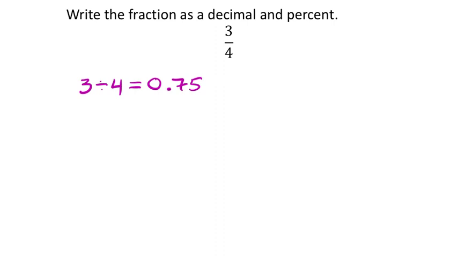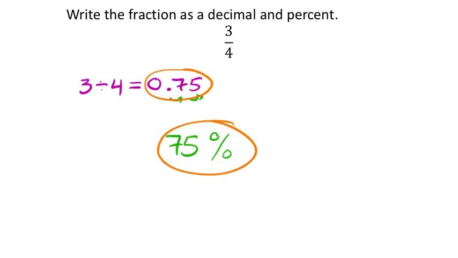Now, if I want to change this to a percent, which I do, all I've got to do is move that decimal 1, 2 times to the right, and then you'd have 75. If you need to put the decimal there, then do it. As a math nerd, it's kind of bugging me, so I'm going to take it off. But it's 75% right there. That would give you both the decimal and the percent right there, okay?